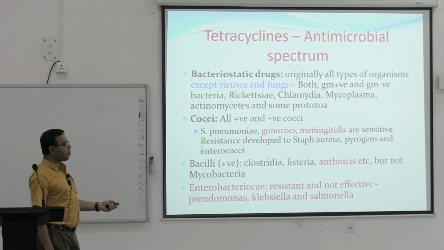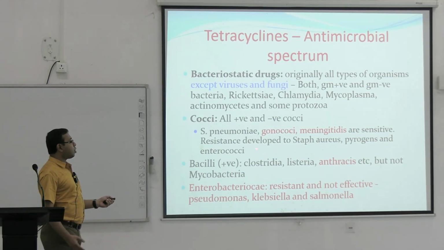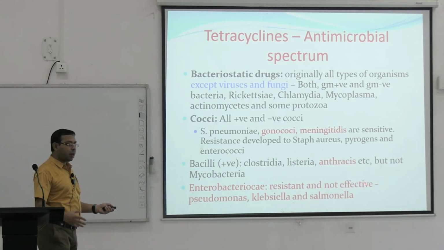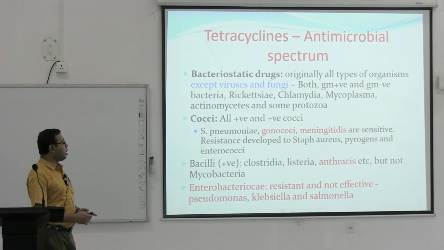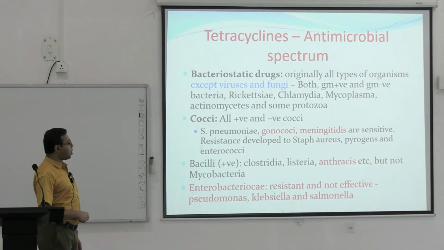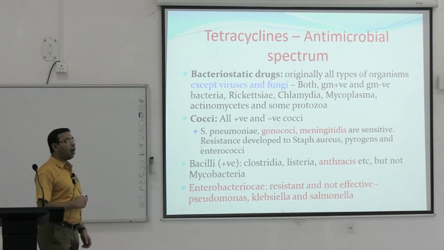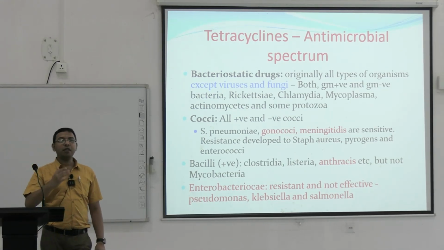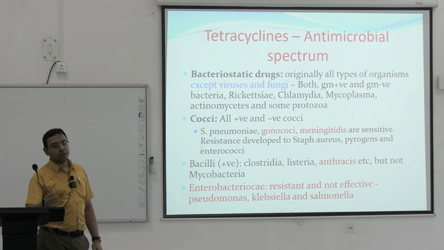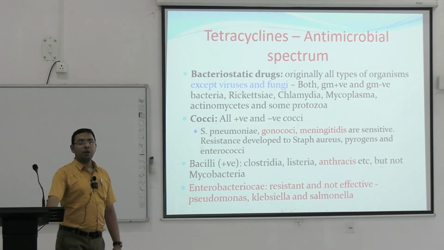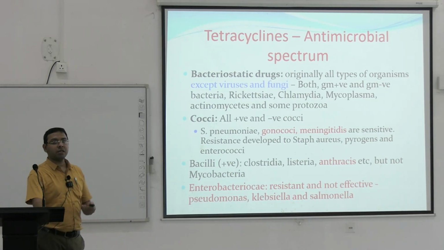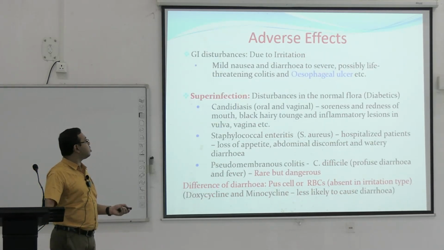Resistance develops in Staph aureus, Streptococcus pyogenes and Enterococcus. Diphtheria and anthracis are susceptible, not mycobacteria. For the Enterobacteria, it is not effective against Pseudomonas, Klebsiella and Salmonella. So more or less you can see that they are susceptible to different types of these bacteria, but in most cases some resistance has developed and that's why we cannot use this.